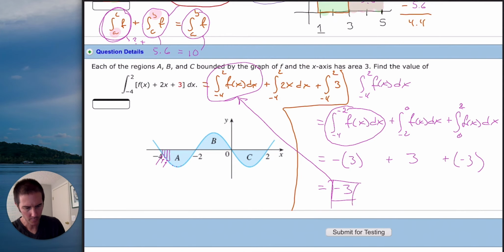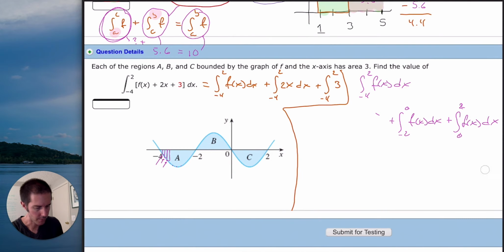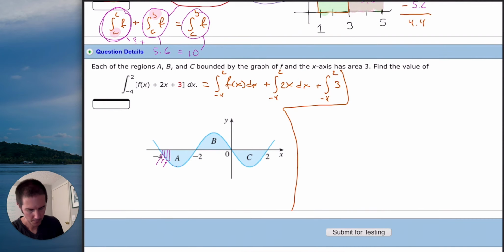All right, I need to do some erasing, so give me a moment. And the next thing we'll do is evaluate the integral going from -4 up to +2 of the function 2x. All right, here we are. Integral from -4 to +2 of 2x dx is equal to, I'm going to take this 2 and factor it out.